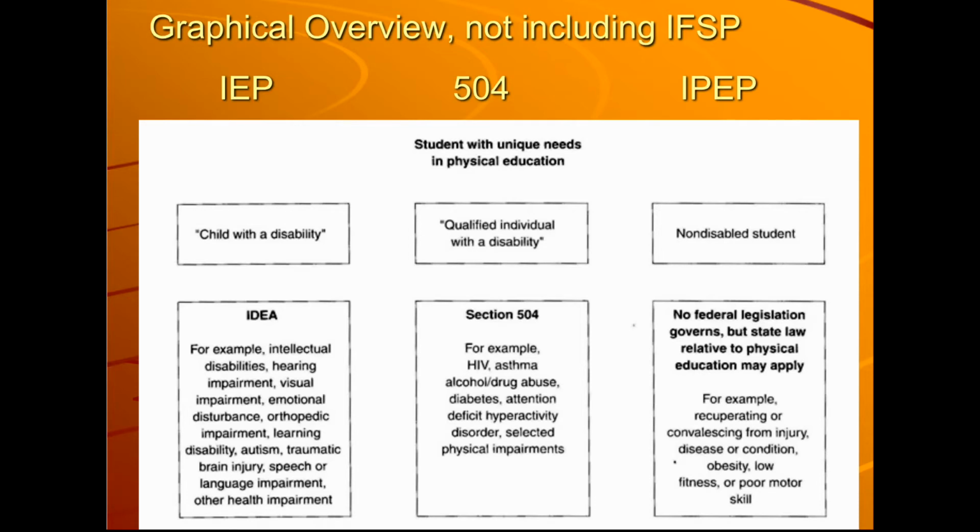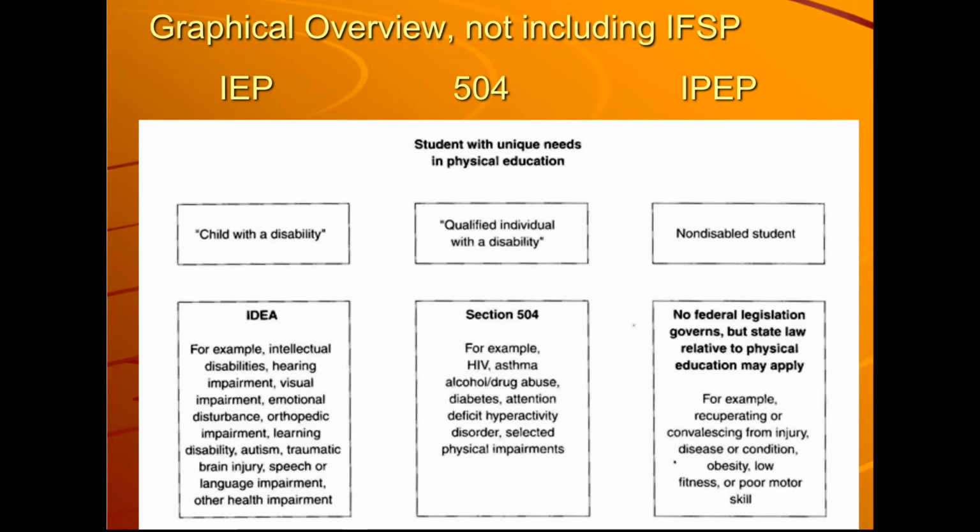Now, for students with unique needs, okay, they are qualified individual with a disability. So, ano yung mga conditions under that? They have HIV, they have asthma, alcohol or drug abuse, they have diabetes, attention deficit hyperactivity disorder, and other selected physical impairments.